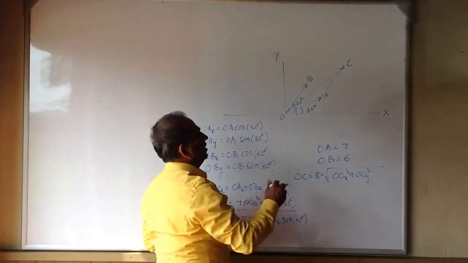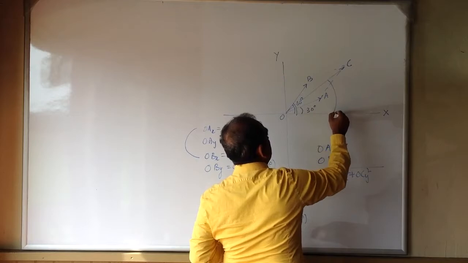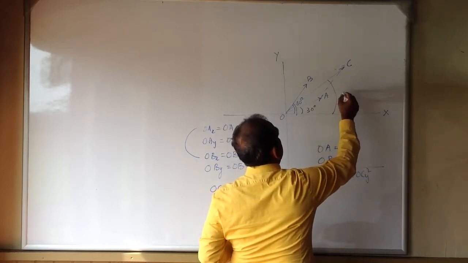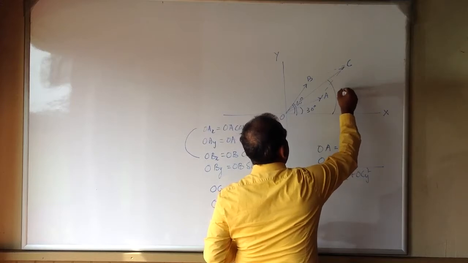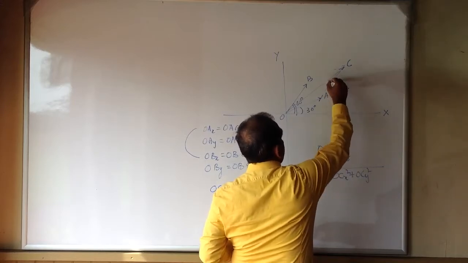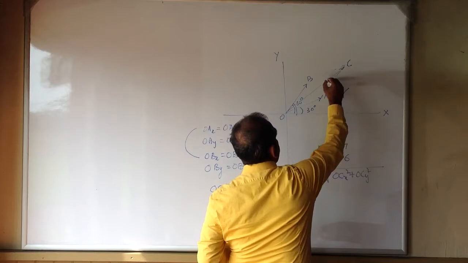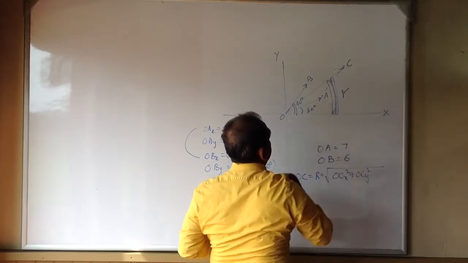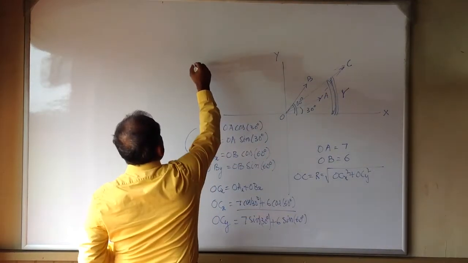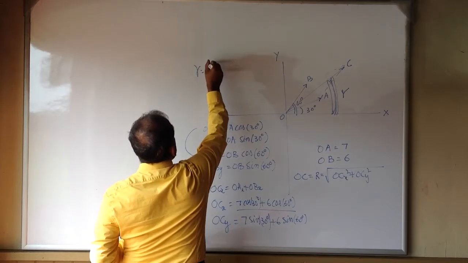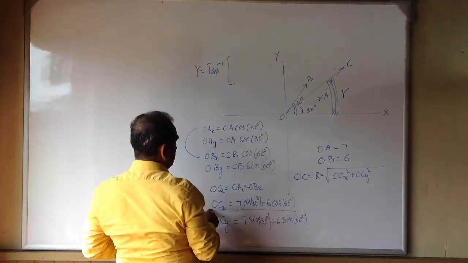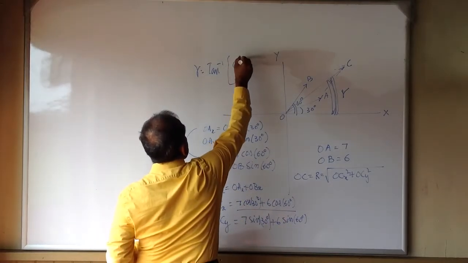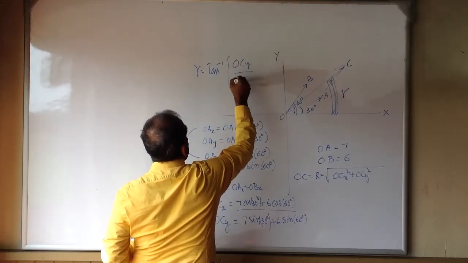And also, if this is the angle, say gamma is the angle from here to here, represented with 3 lines, then gamma will be equal to tan inverse of OCY over OCX.